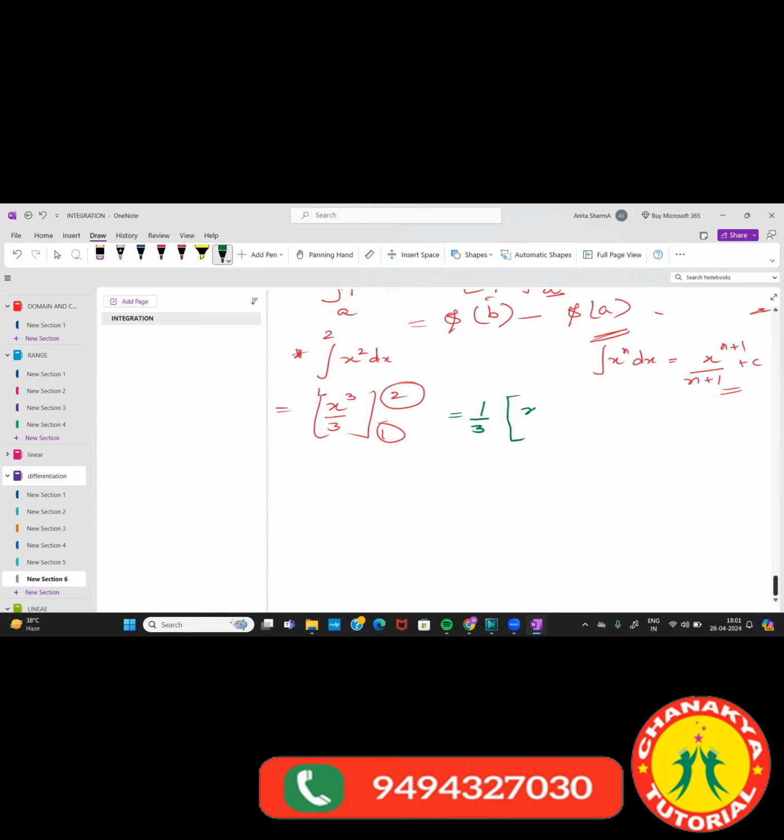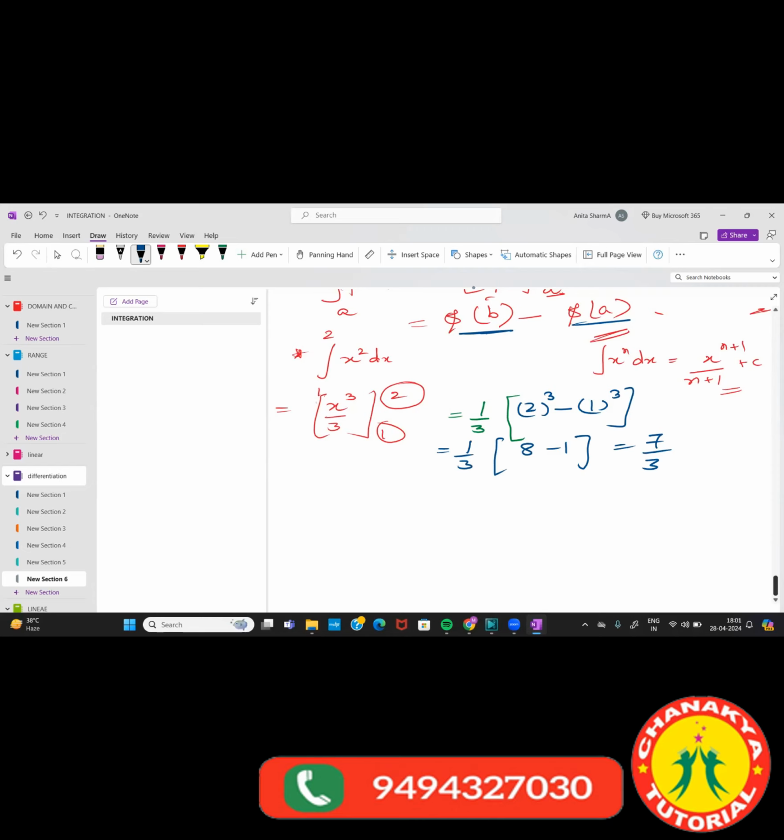Now write x cubed, and instead of x, you will put 2. So write 2 cubed minus 1 cubed. Is it clear? Upper limit minus lower limit, like this, phi(b) minus phi(a). So 1 by 3, 2 cubed is 8, minus 1. So the answer will be 7 by 3. Got it?